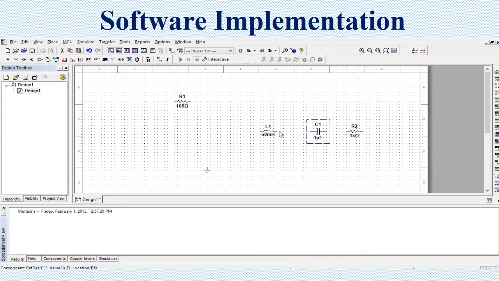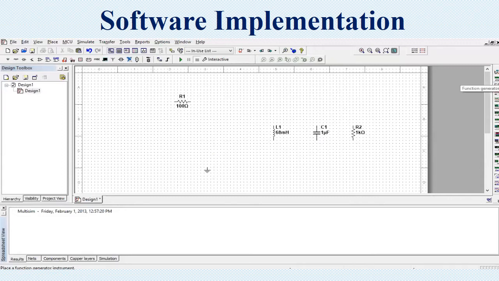So select component and press Ctrl R, select component and press Ctrl R, select component and press Ctrl R. After this I will attach the function generator for supplying AC voltages into the network.